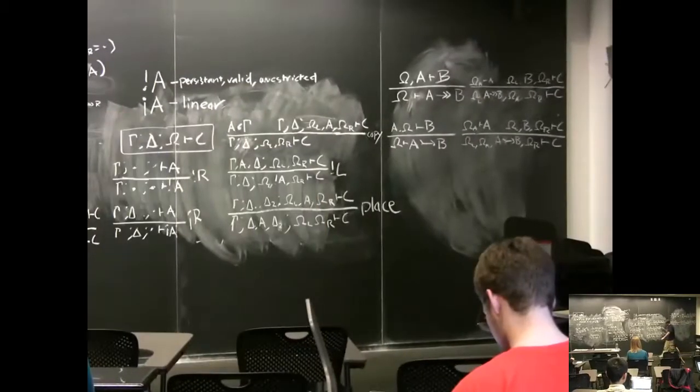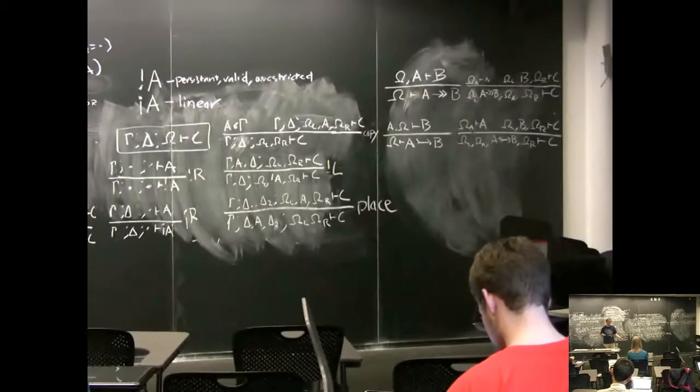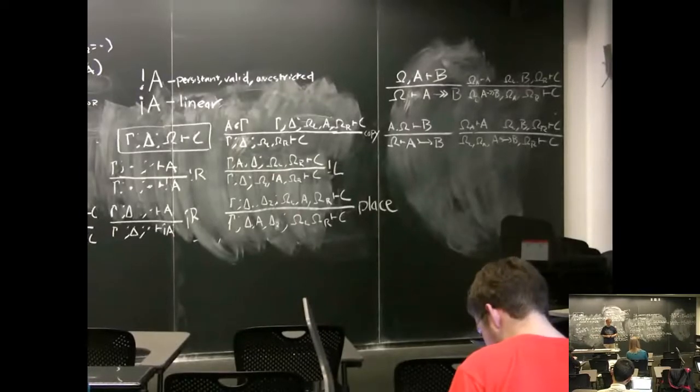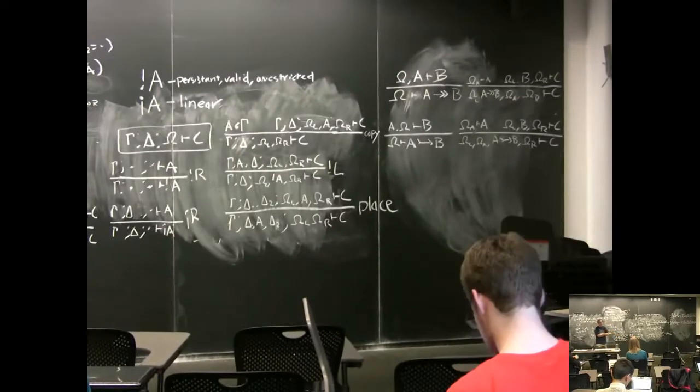For the interpretation of ordered logic that we started with, these things tend not to work out, I think is the best answer I have. That's not to say that they can't be worked out or that there's not a formulation for which they work out. Yeah, that's generally the idea.